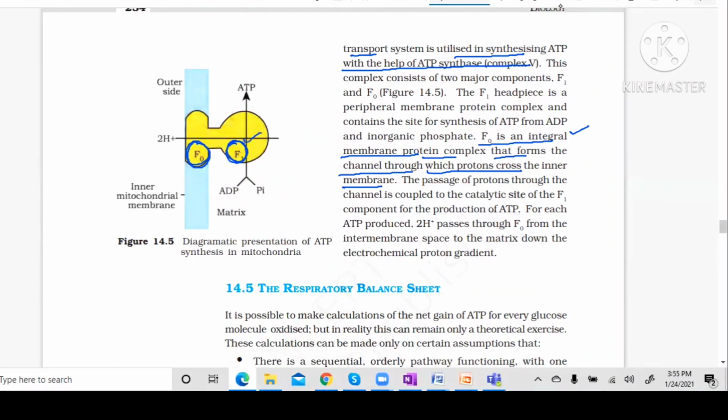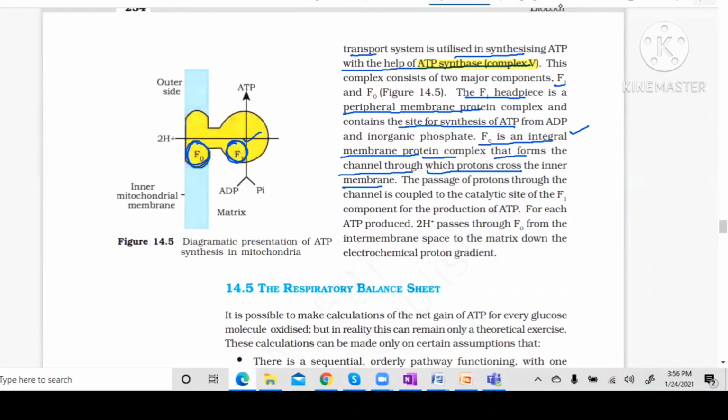Now F1, check carefully. F1 is the headpiece, a peripheral membrane protein. So F0 is the integral membrane protein and F1 is the peripheral membrane protein. F1 contains the site for synthesis of ATP because it has the fifth complex, that is ATP synthase.